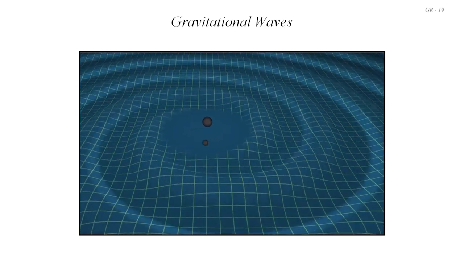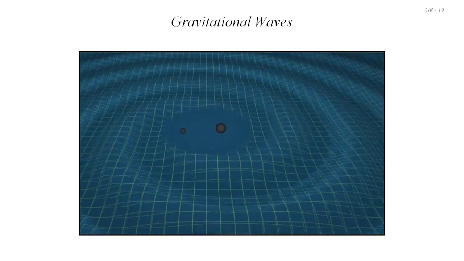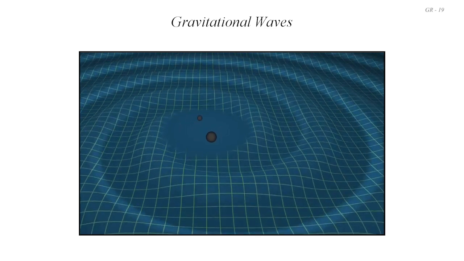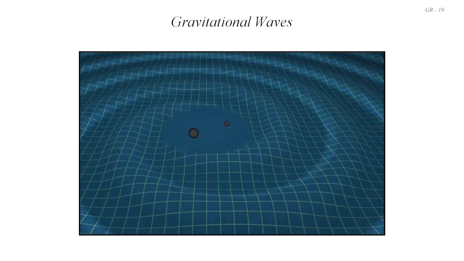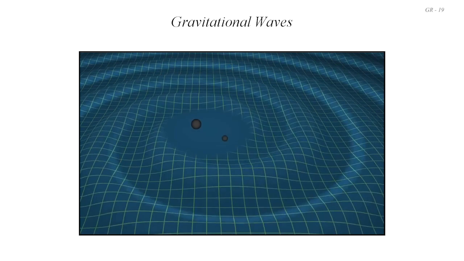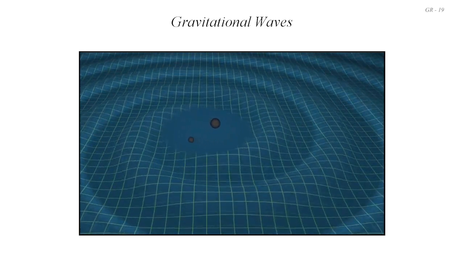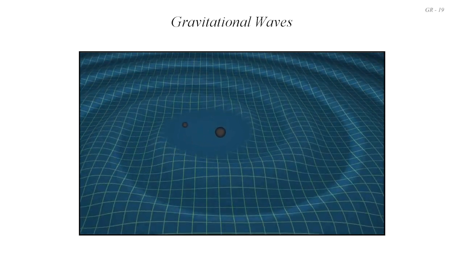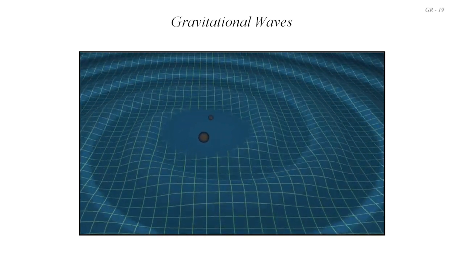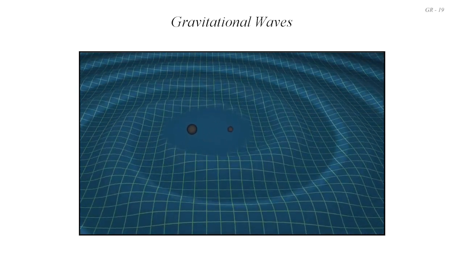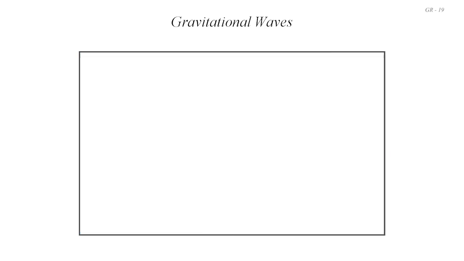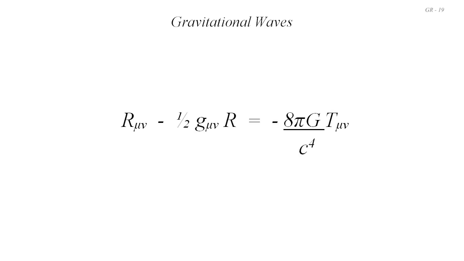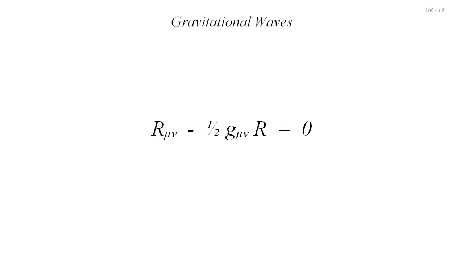For instance, once these ripples, these waves, are far away from the masses which produce them, they will become weaker, and they will be travelling through space where there was no mass, and so would perhaps be more amenable to analysis. To do that, to find a solution to Einstein's field equations when there is no mass or energy around locally, would mean first taking these field equations and then putting the stress-energy-momentum tensor T mu nu equal to 0, which would then give this equation, or if you like, this.